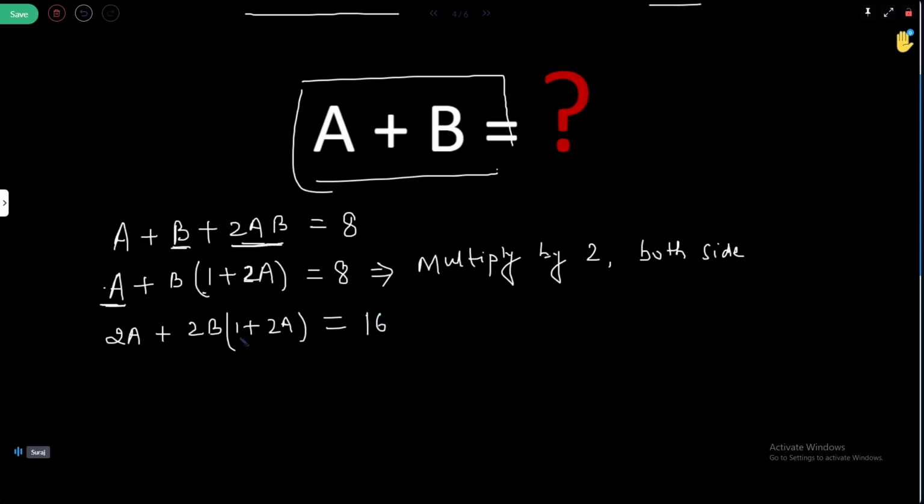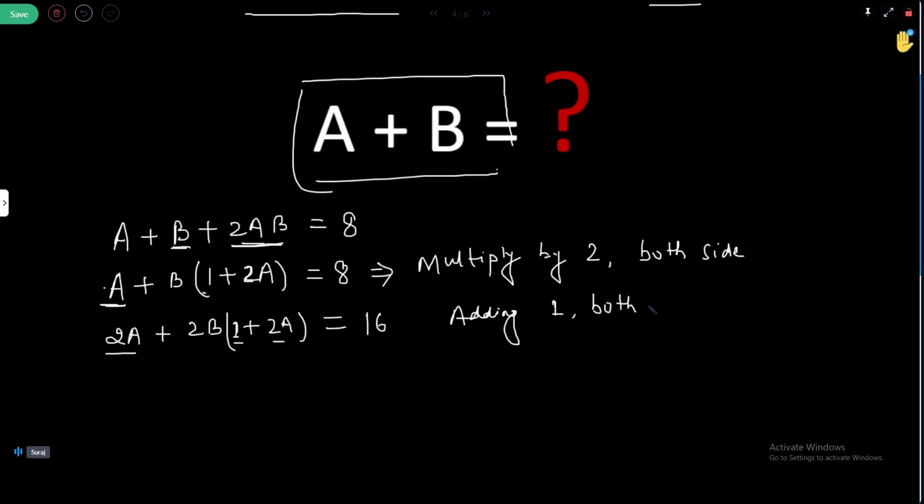Now the factor was 1 plus 2a. Here 2a has already come. Now add 1 on both sides, just to find a factor.